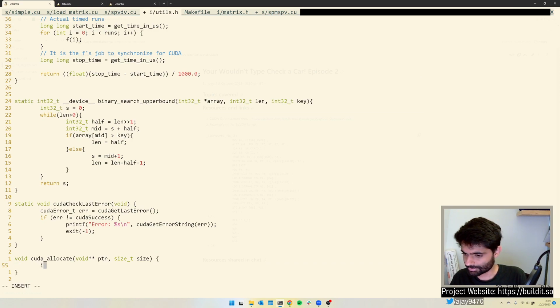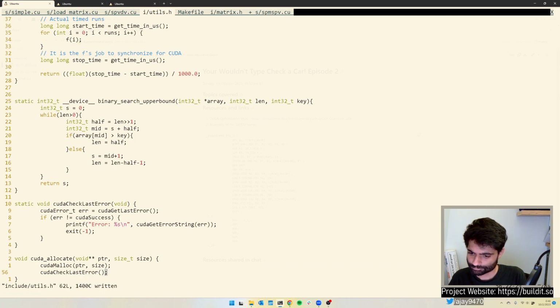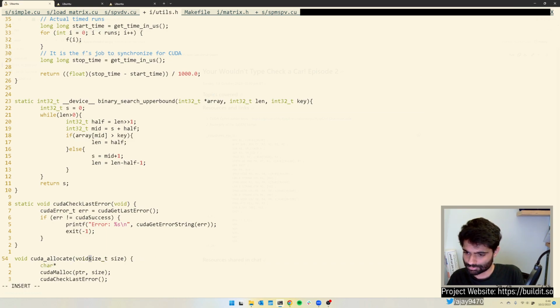So we can say cudaMalloc ptr size, and then we just call CUDA check last error. Actually, we don't need this. We just turn it into a nicer function, because the type doesn't matter, right?